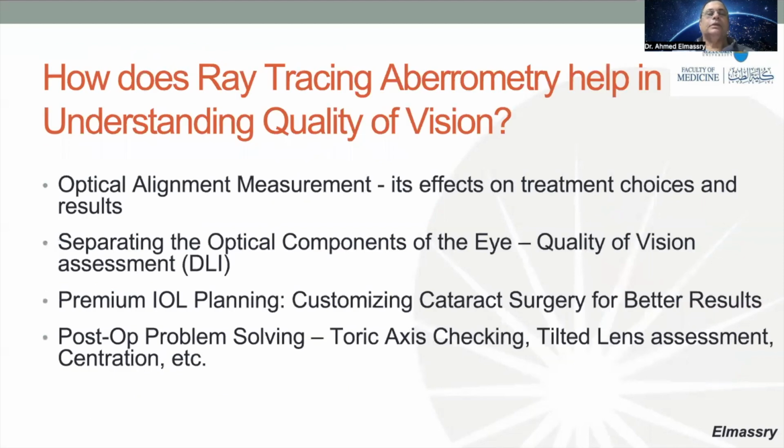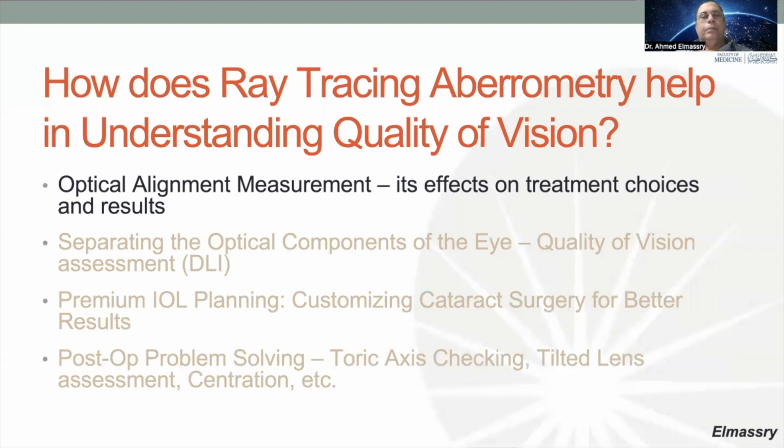So the value of this ray tracing aberrometer: it helps in understanding the quality of vision through better optical alignment measurement, especially the angle kappa and angle alpha, and its effect on treatment choices and results; separating the optical components of the eye to have better quality of vision assessment, whether the problem is from the lens or from the cornea; premium IOL planning, customizing the cataract surgery for better results, whether the candidates are suitable for trifocal IOLs or advanced monofocal or only monofocal, especially after refractive surgery; and post-operative problem solving regarding toric axis checking, tilted lens assessment, centration, and many other values.